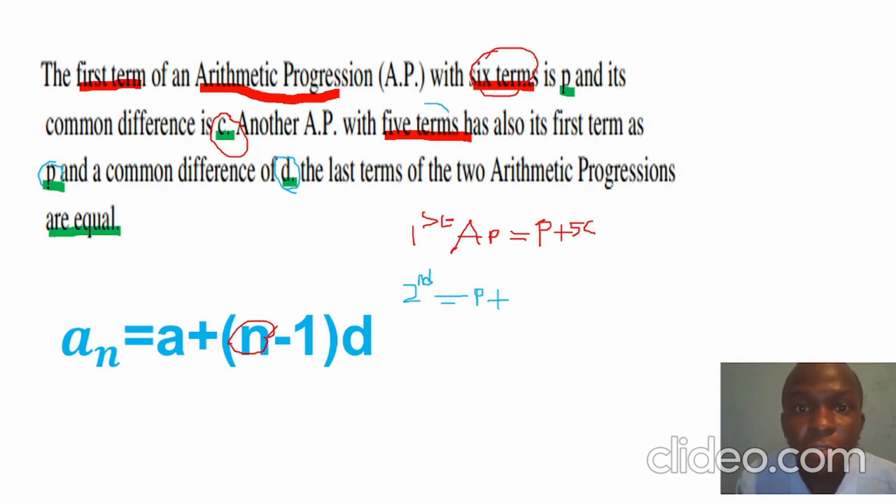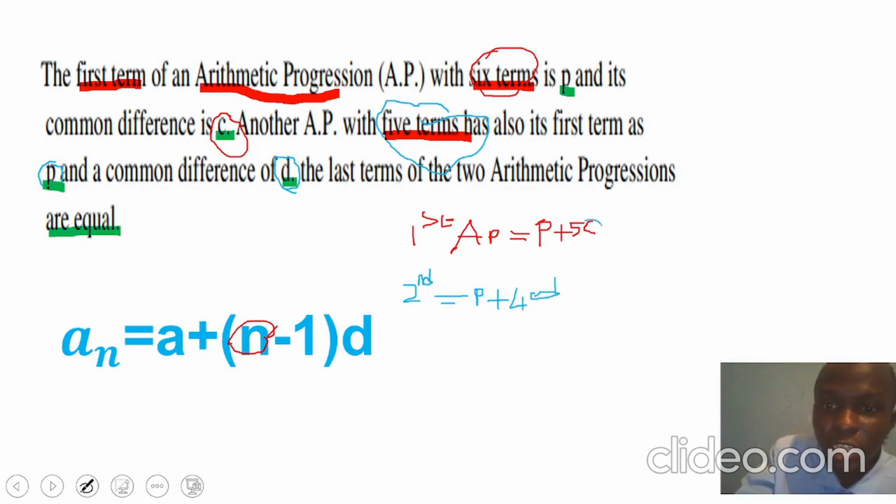It has 5 terms. Now 5 minus 1 is 4. So that becomes 4D. Now that the two are equal, we are going to equate them. Let us see the solution.